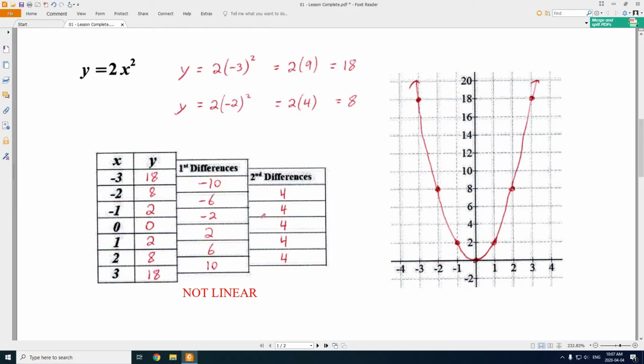Okay, second differences are all the same. That tells you, oh, okay, I know that it is quadratic. And sure enough, when we graph it, we get that U shape, which is our quadratic equation. So once again, you might want to pause it here and see if you can try the next two out, and then I'll quickly show the answers so you can double check those.